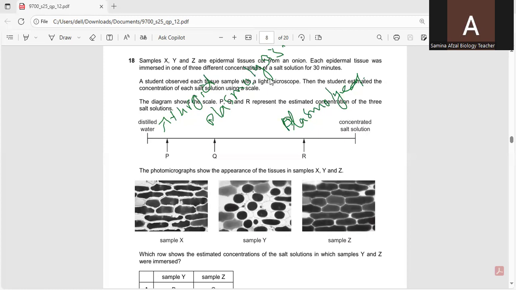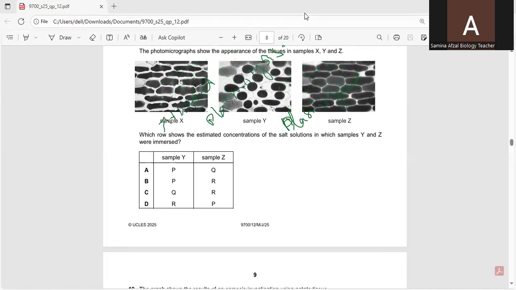And these three samples have been shown here. First of all, the sample X. We have to find out which samples are immersed. Y, you can see they are completely plasmolyzed.